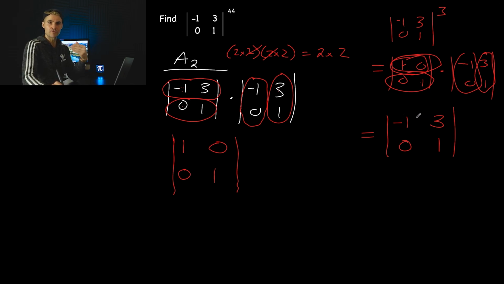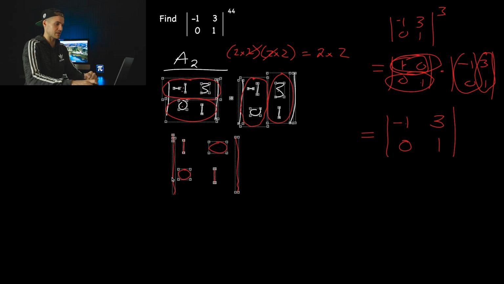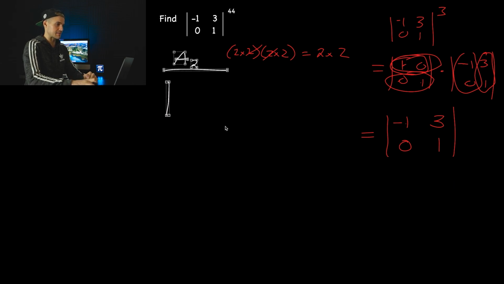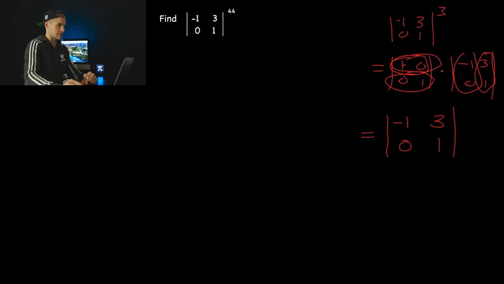If we multiply it 4 times, we already know this is going to give us the identity matrix. So A to the power of 4 is the identity matrix again, and you can see the pattern. Let me write it on the side here. Let's call this matrix A. What's A squared going to be?